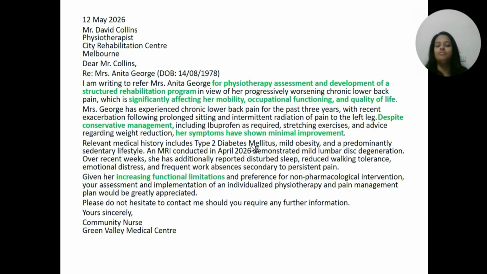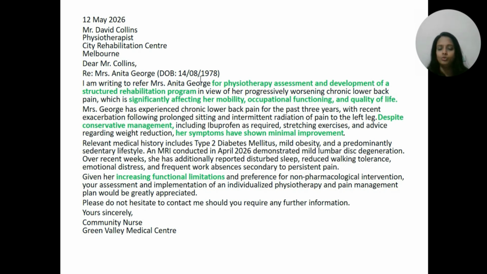That is excellent functional prioritization, right? So the impact is medically meaningful. And then you can identify the sentence flow: "Despite conservative management, her symptoms have shown minimal improvement." Here, this one is very concise, very clinical, very natural. Nothing feels robotic. So that fluency matters enormously in OET.